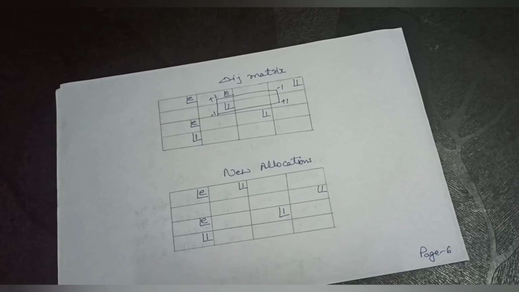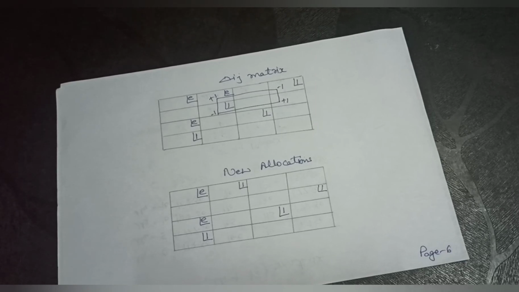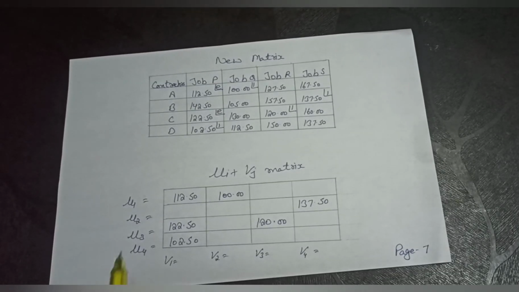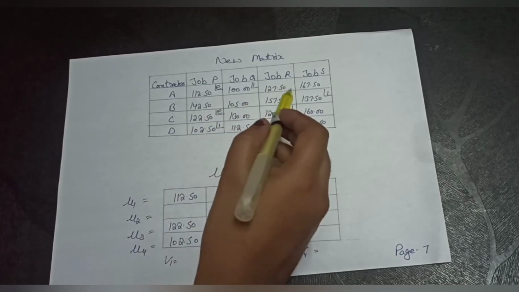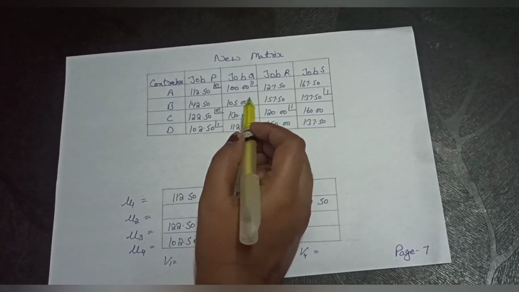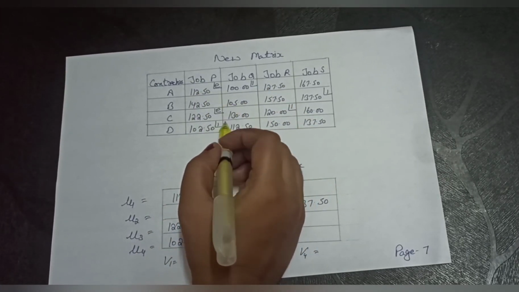Here we have 6 allocations, which are not equal to m plus n minus 1. So students, here we also assigned e so that our number of allocations are equal to m plus n minus 1. So students, this is our new matrix with the allocations. Here we will assign e. So we will select the minimum cost.